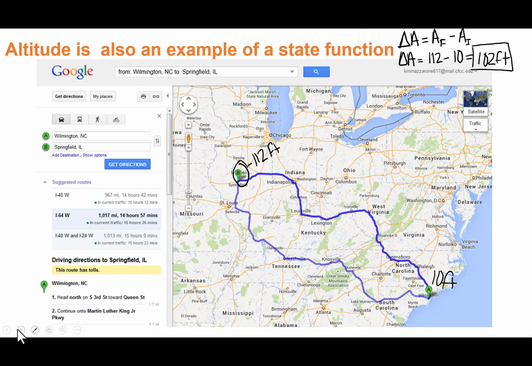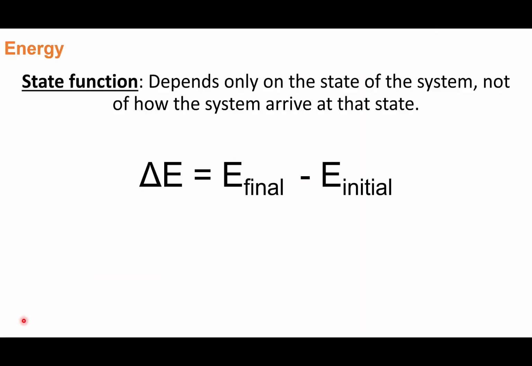So energy is a state function. Okay? Anytime we're talking about the change in energy during a chemical reaction, we will always talk about the final minus the initial. That will give us our change in energy. But a little tweak here: when we talk about chemical reactions, we don't say the initial was and the final was. What do we talk about? We have the reactants and we have the products.